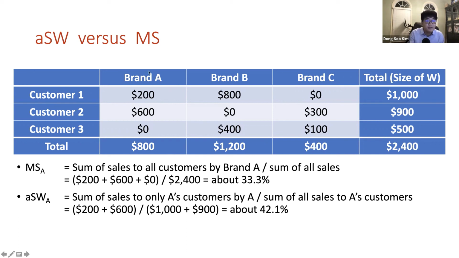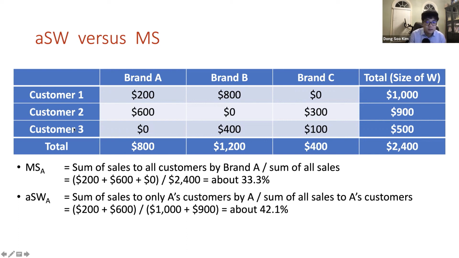Market share of brand A is given by the sum of sales to all customers by brand A divided by the sum of all sales in the market, which equals the sum of 200, 600, and 0 divided by the total sales 2,400. This is about 33.3%.